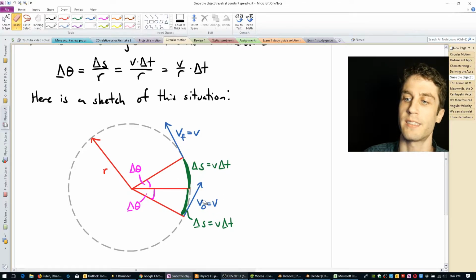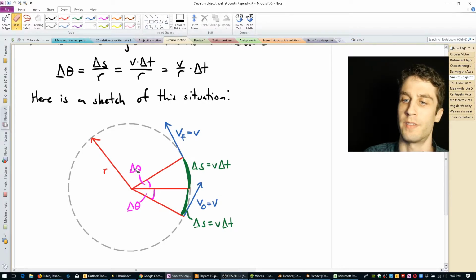The initial velocity at the start of this time interval was v naught, and the magnitude of v naught is v, but it's traveling up and to the right. And the final velocity still has magnitude v. Remember, the speed is constant, and it's traveling up and to the left.